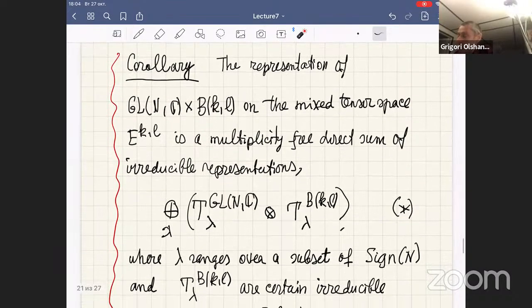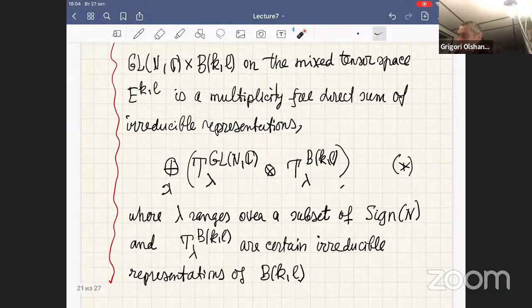And here lambda ranges over a certain subset of signatures, because we know that representations of GLN are parameterized by signatures. And these are certain representations.